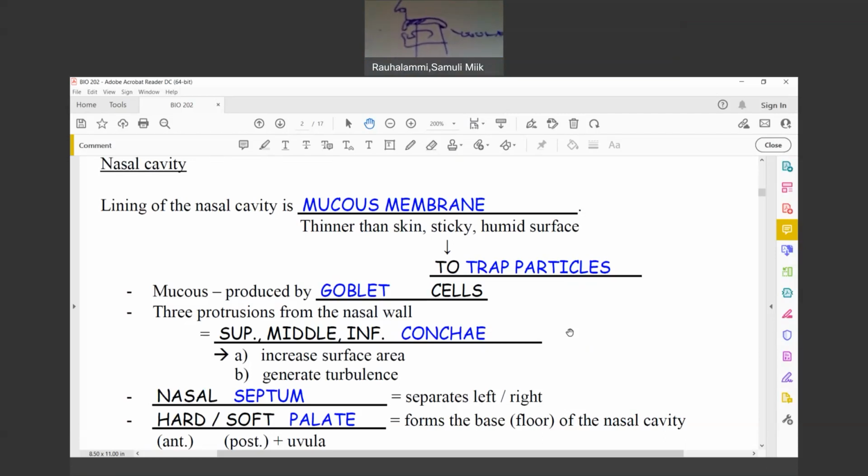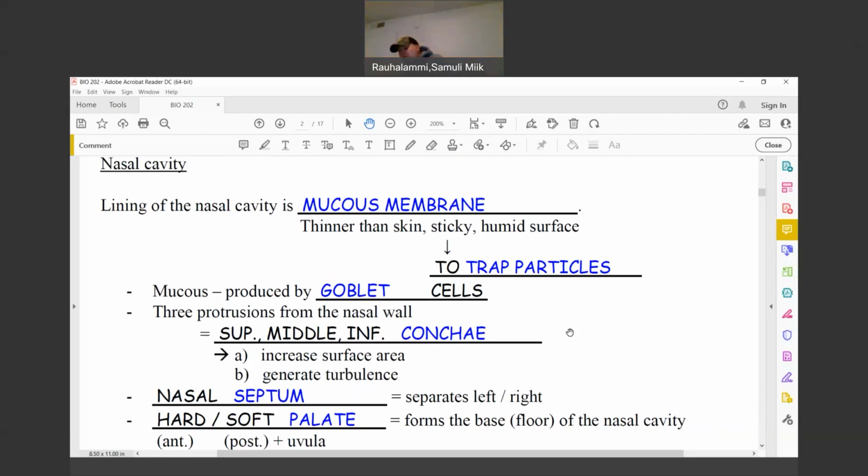The hard palate is hard because there's actually a bony structure within that layer. And more posteriorly, we're going to see the soft palate. There's no bony structure, it's just softer tissues. The very end of the soft palate then turns into the uvula, that dangly bit at the back of your mouth.